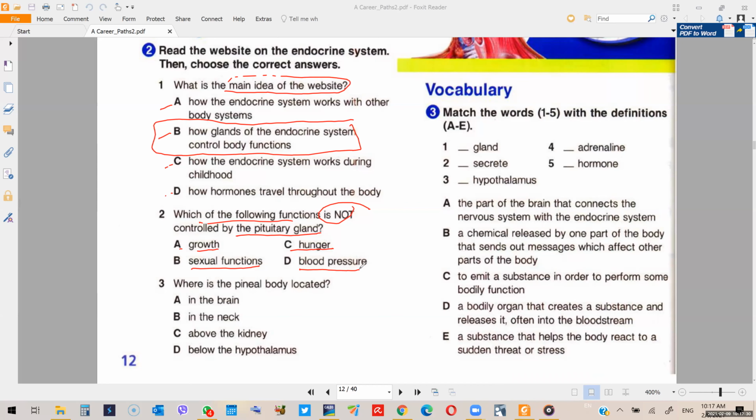So which one is not controlled by the pituitary gland? So check your answers. Are you sure? Okay, it is not the blood pressure, it's C, hunger.